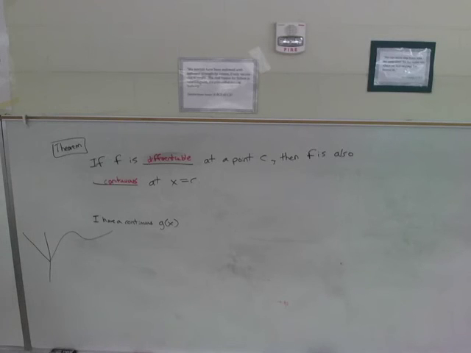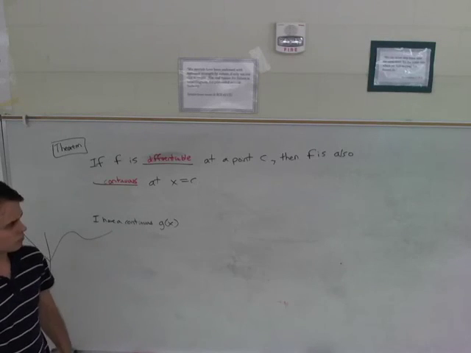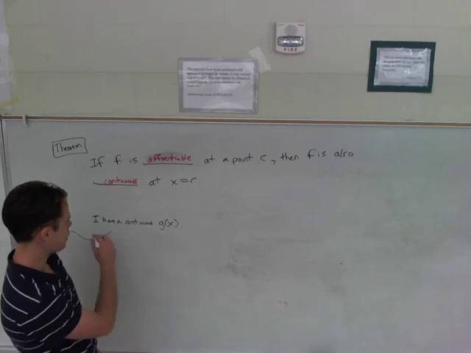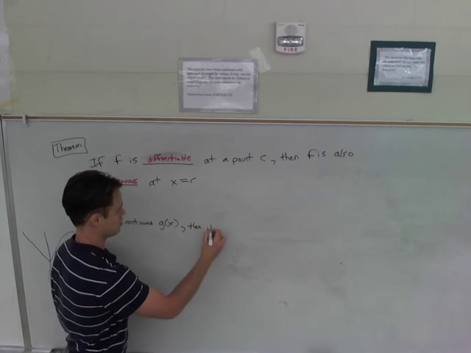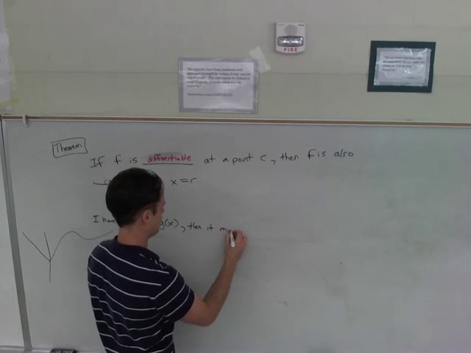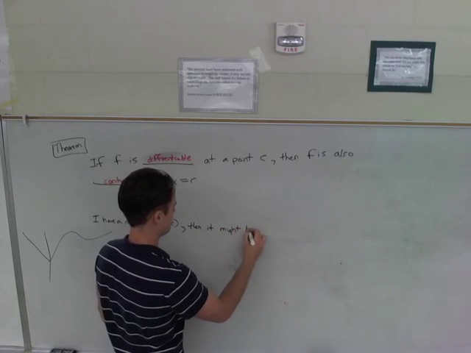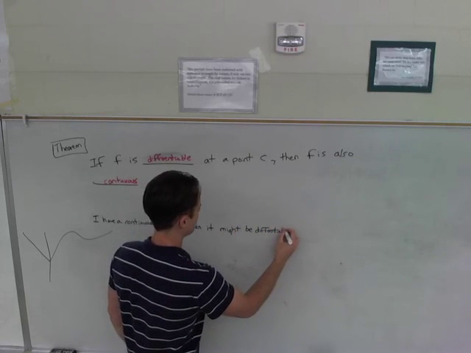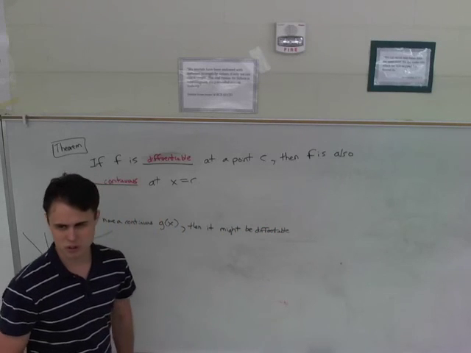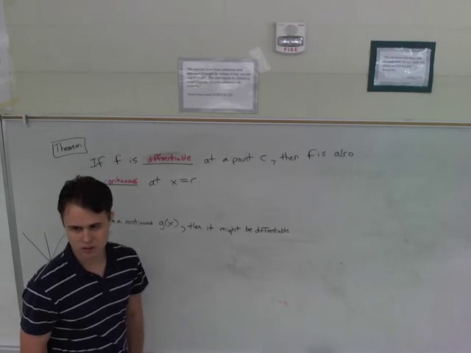Okay? So you can't say that it's also differentiable. So if I have a continuous function g of x, then it might be differentiable. Exactly, I like that. It might be differentiable. And when I talk about continuity and differentiability, can I just say that without talking about where? I really can't, right?